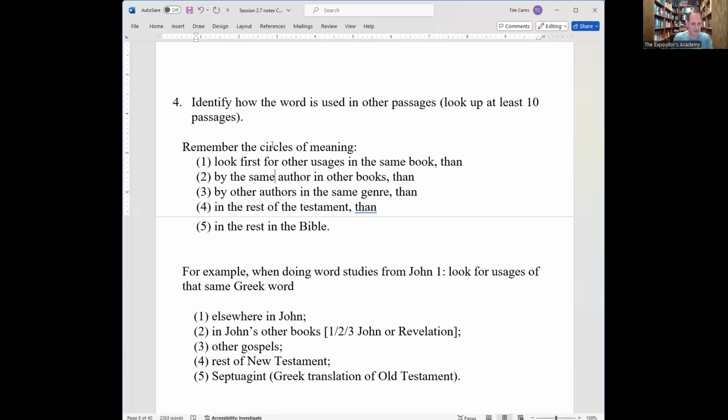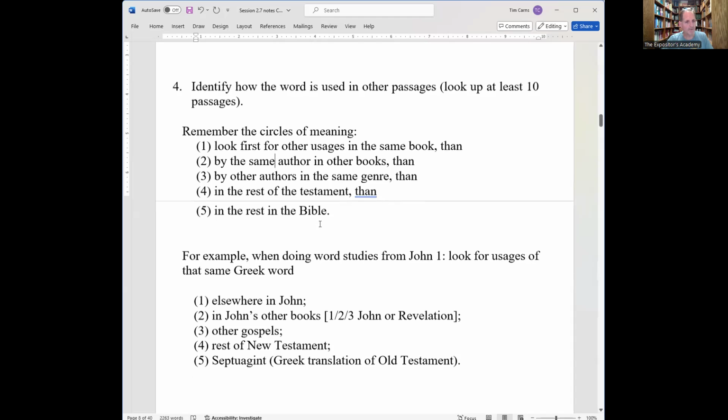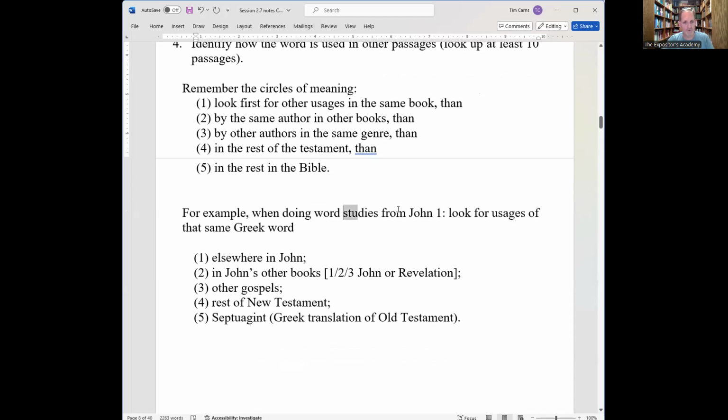So let's say you're doing a word study from John chapter 1, which is what we're going to be doing in a moment for an example. You might find a particular word in John 1 that you want to study. To look up the other verses, first check: is that word used anywhere else in the book of John?